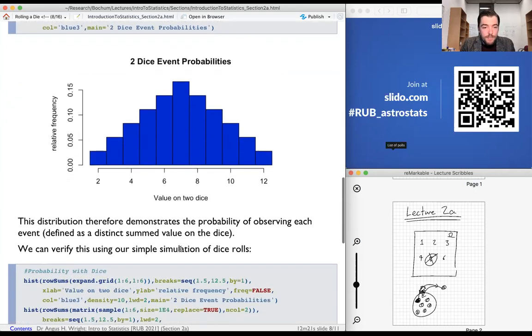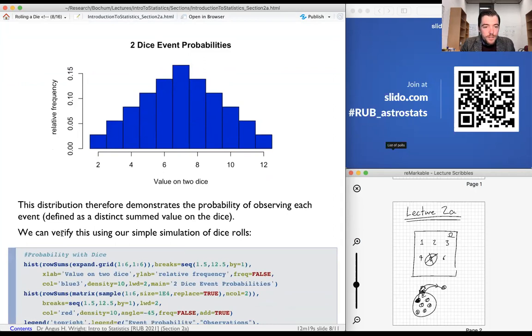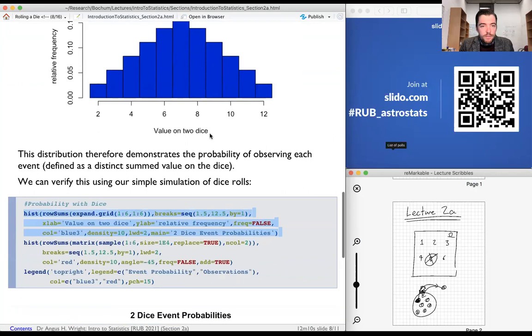And we can actually just demonstrate this. So we can use a really simple simulation, using sample of dice roll. This bit here is just reproducing the plot I did here, the analytic probability of observing each outcome.